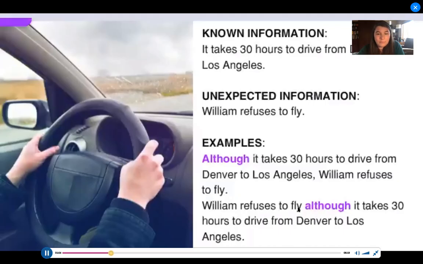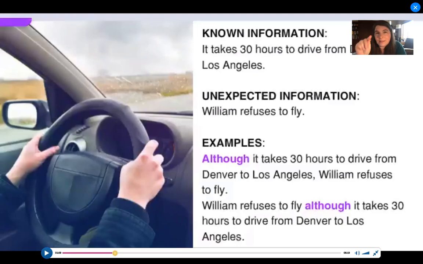William refuses to fly, although it takes 30 hours to drive from Denver to Los Angeles. These two mean exactly the same thing. We've seen this before. The only difference is the first part and the second part are switched. There's no difference in meaning.